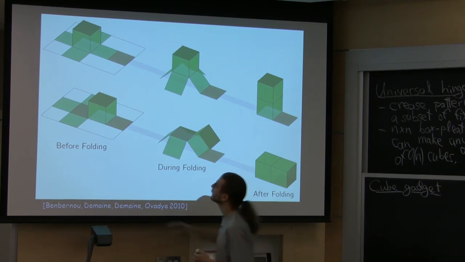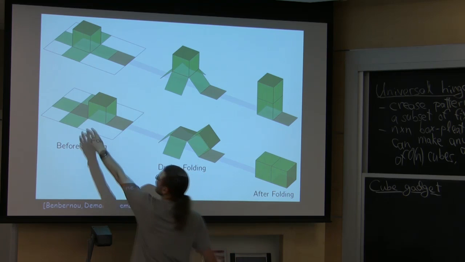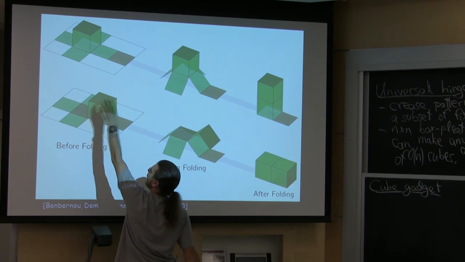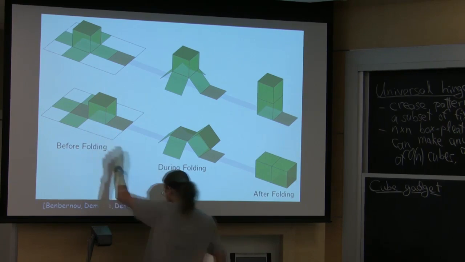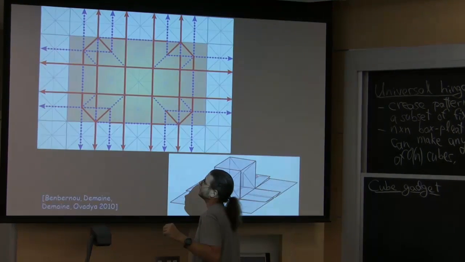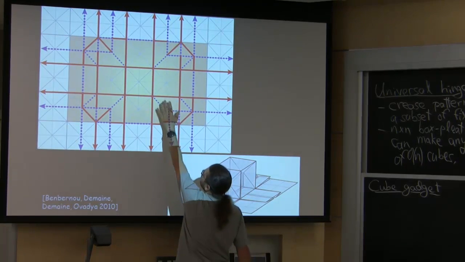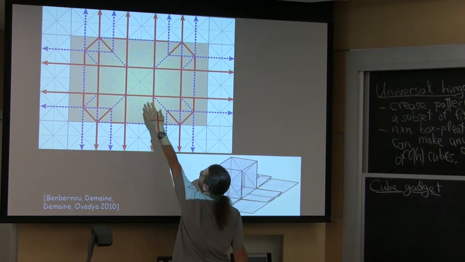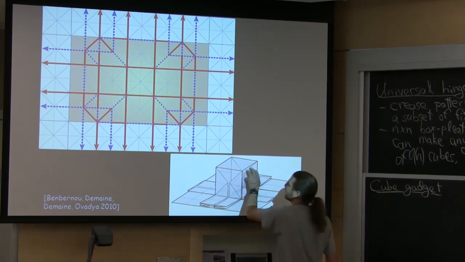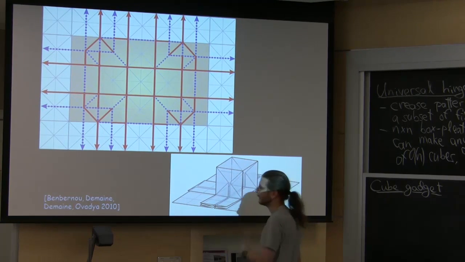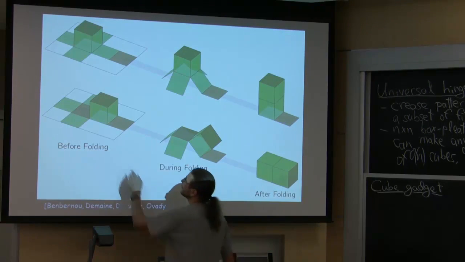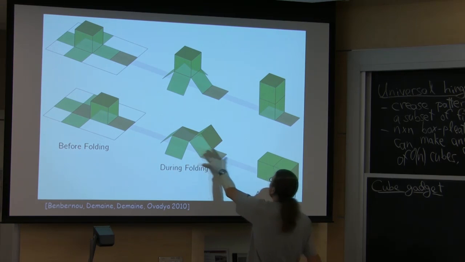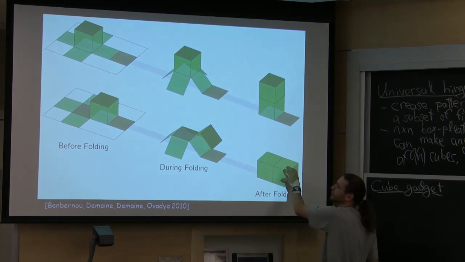Say here, if you apply the cube gadget at this center square, so you want to pull a cube out from there, maybe I should show you in the previous diagram. So you have these four squares around the center square that make up the four sides of the cube, other than the top side. And so if you already had a cube on that side face, when you fold this thing, you end up with a cube that has a cube attached on its right.